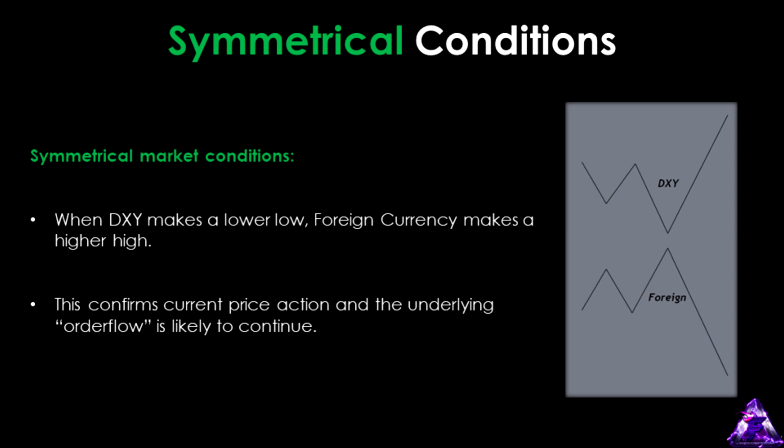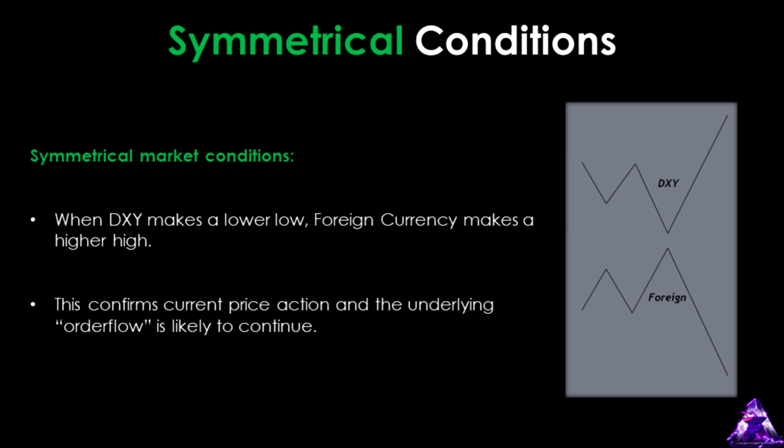These two pairs are correlated and their structure is almost always the same. In the next part of this chapter, I'll give you a combination of pairs that you can use for finding SMT divergences while ensuring accuracy. With that being said, let me explain symmetrical market conditions and how to determine whether the market is in a symmetrical condition.